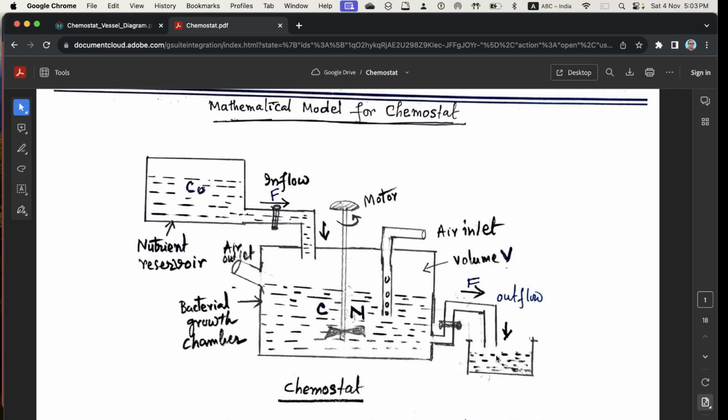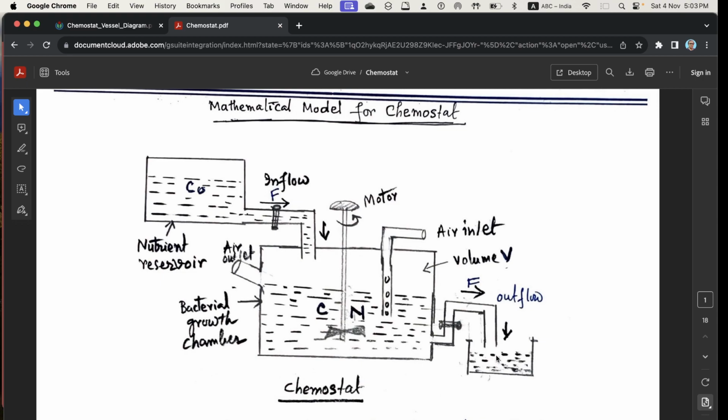Because the chemical environment is static, or at steady state, it is called a chemostat.